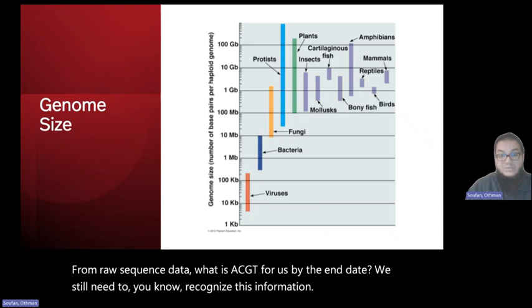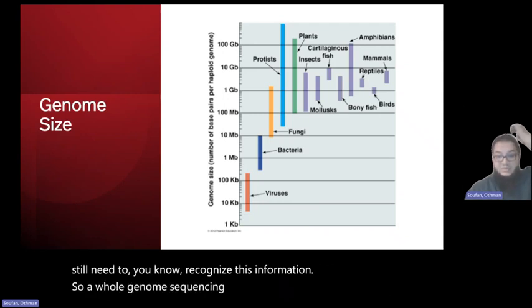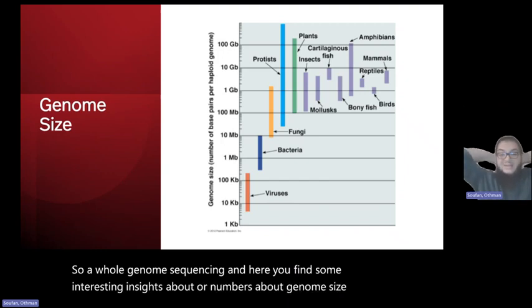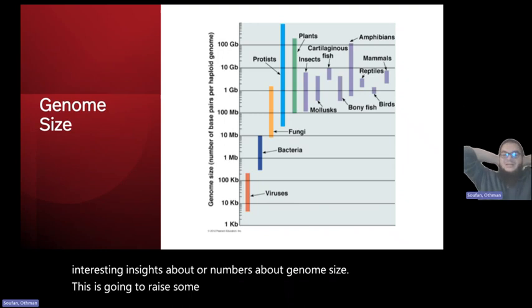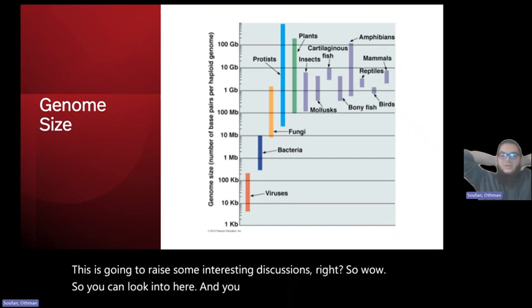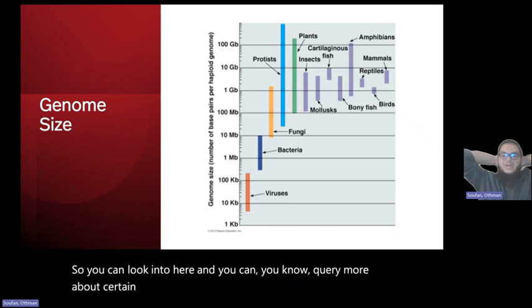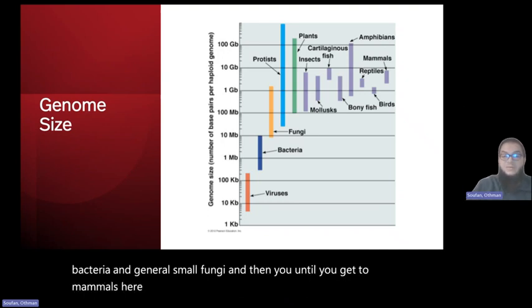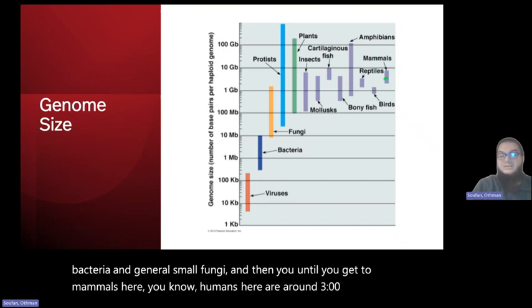So whole genome sequencing, and here you find some interesting numbers about genome sizes. This is going to raise some interesting discussions. So you can query more about certain information, like where viruses stand, bacteria, small fungi, and then until you get to mammals. Humans are around 3 gigabase pairs.